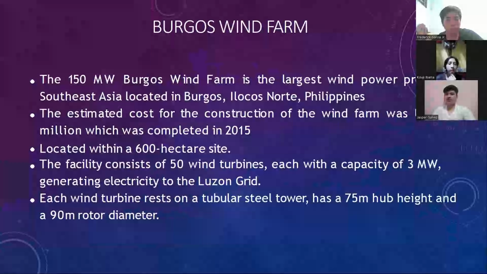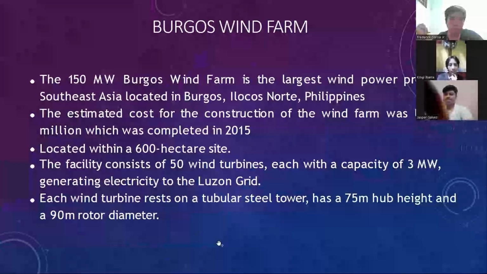It is located within a 600-hectare site. The facility consists of 50 wind turbines, each with a capacity of 3 megawatts, generating electricity to the Luzon grid. Each wind turbine rests on a tubular steel tower, has a 75-meter hub height, and a 90-meter rotor diameter.